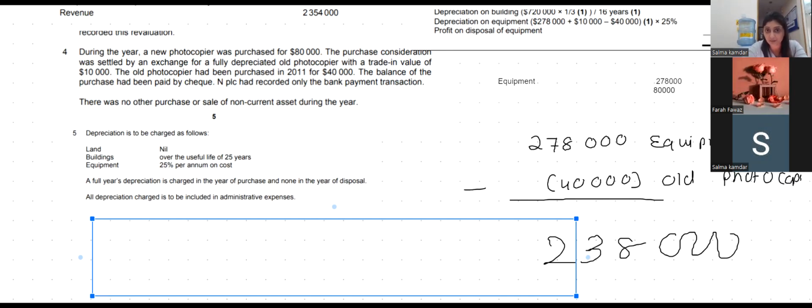That also they are telling you. They are also telling you that we are recording all the purchases and sales based on the bank payment. So old machine they got the new machinery and they have paid 10,000. So the bank payment for this transaction is only 10,000.